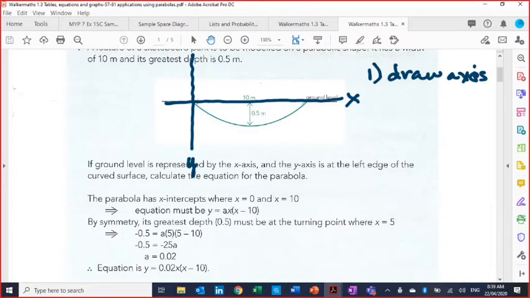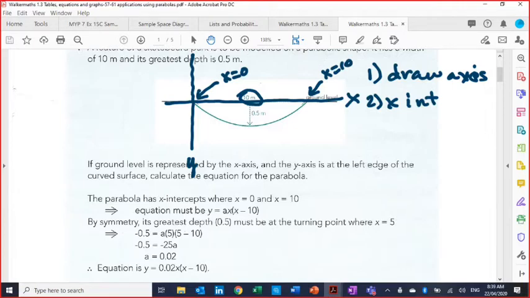It says your x-axis is at ground level, and your y-axis is where the thing starts on the left. Well, if that's the case, and this is 10 meters, then I know that I can find my x-intercepts. The first one right here is where x equals 0. And if it's 10 meters long, or wide, then that means that's where x equals 10.